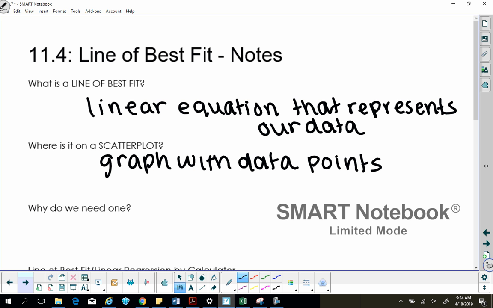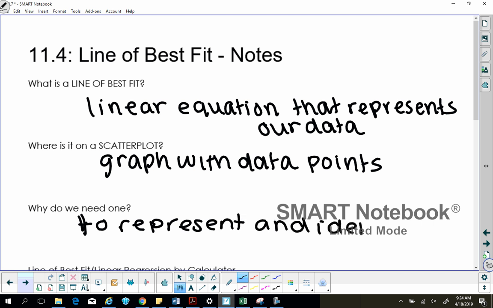So why do we need one? We need one to represent and identify correlations and trends in our data.